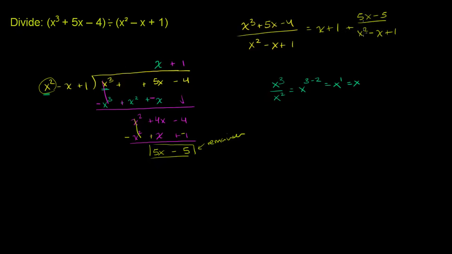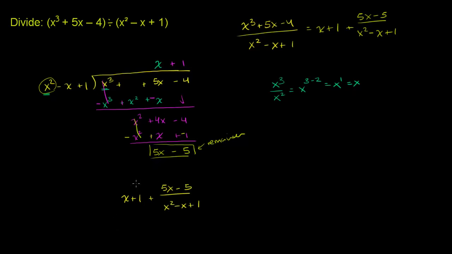If this was divisible, we could keep dividing, but we're saying it's not. It's now a lower degree than this down here. So we could say it's x plus 1 plus whatever this remainder is divided by this thing over here. So our answer, I'm going to write it one more time. It's x plus 1 plus 5x minus 5 over x squared minus x plus 1. And we can check that this works.